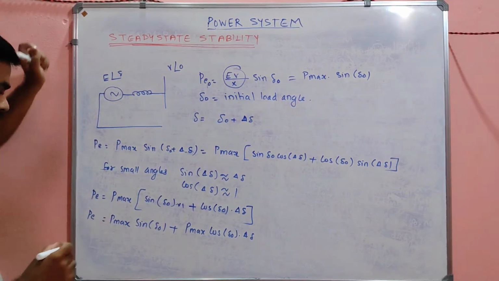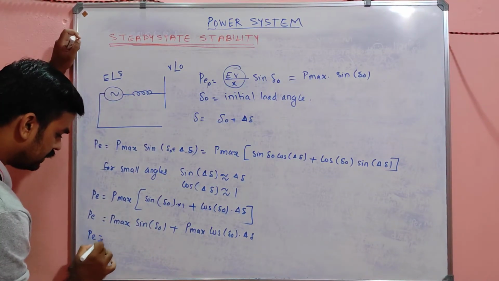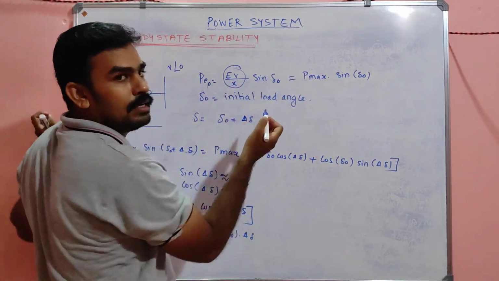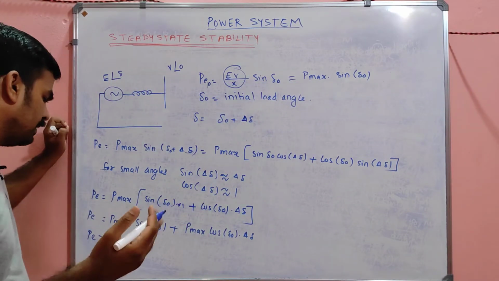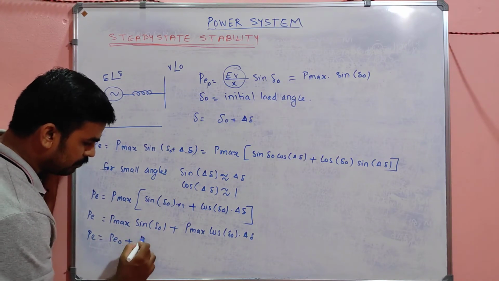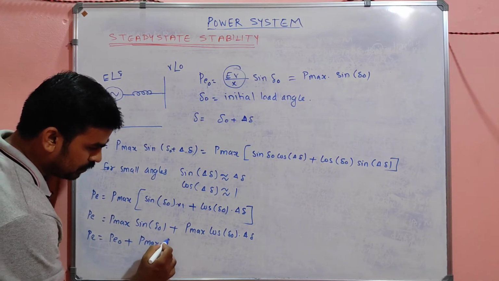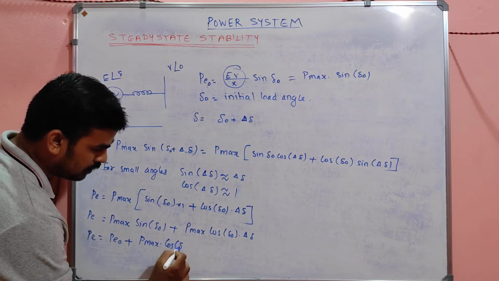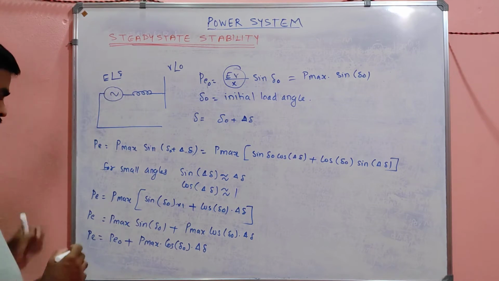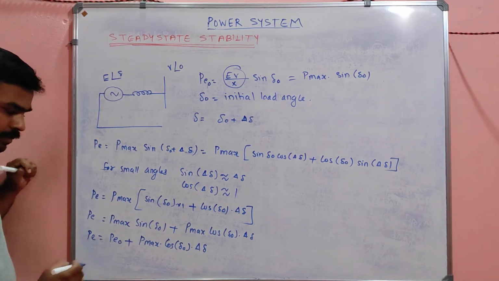For delta 0, the initial electrical power output will be P0, that's all. So P is equal to P0 plus P max cos delta 0 into del. Is it clear, my dear?